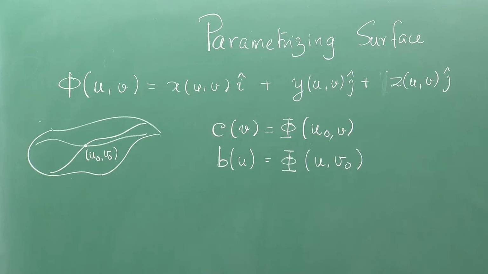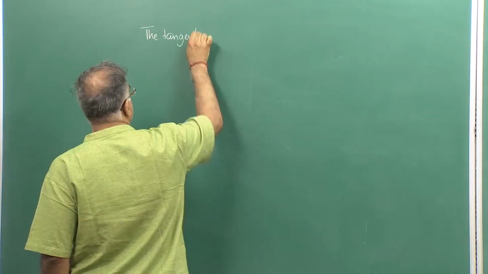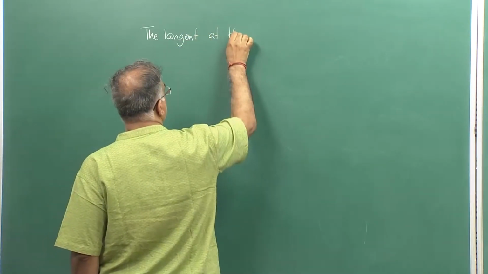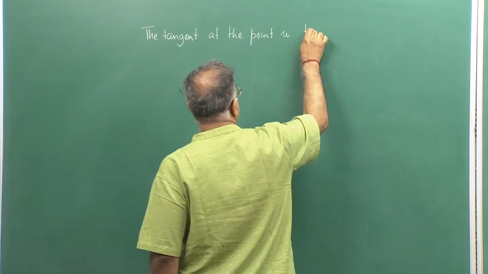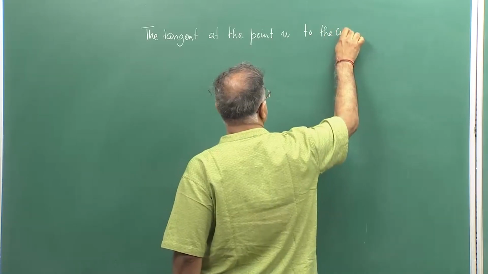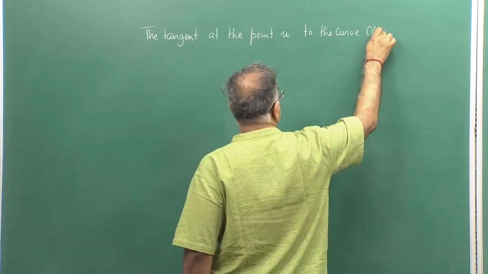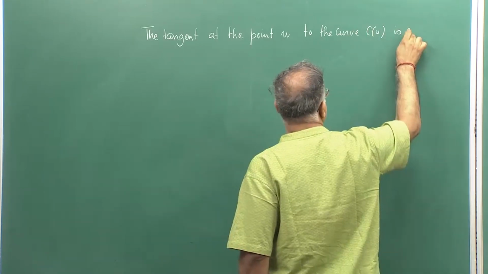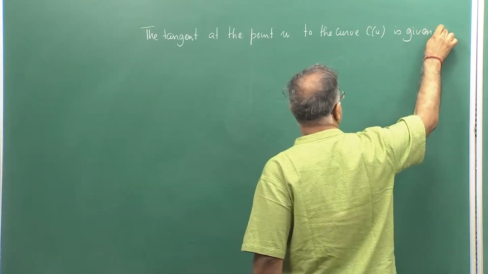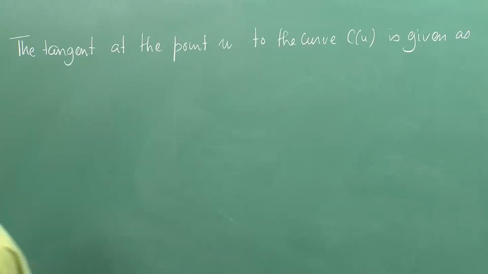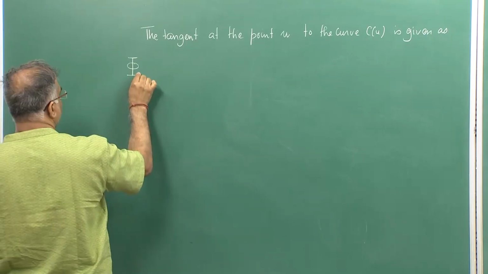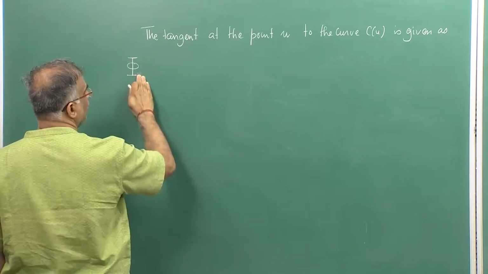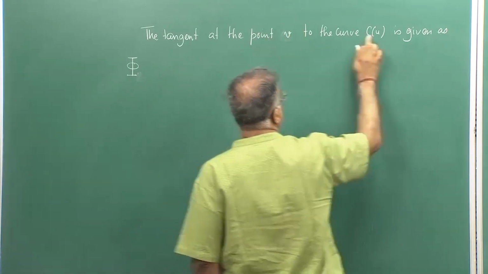So, the tangent at the point u to C, the curve CU, is given as phi of the derivative with respect to v, sorry, this is C with respect to v, I made a mistake.